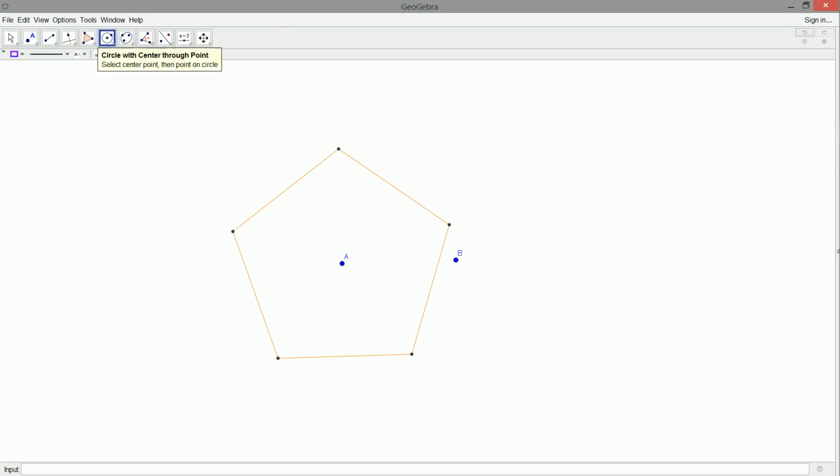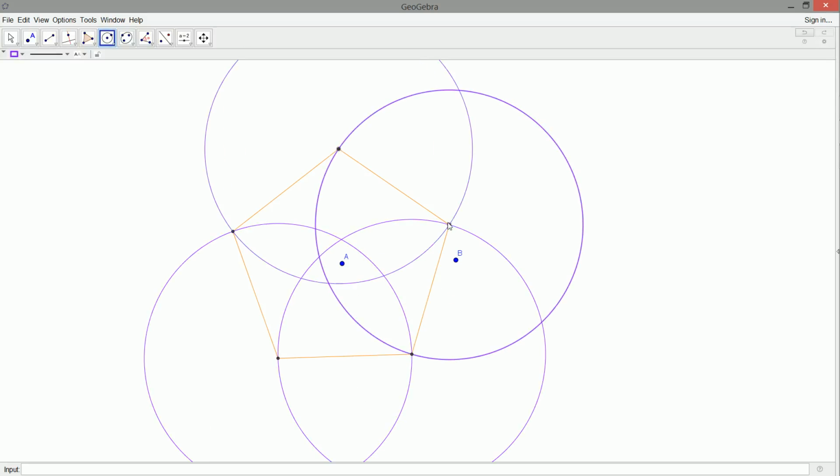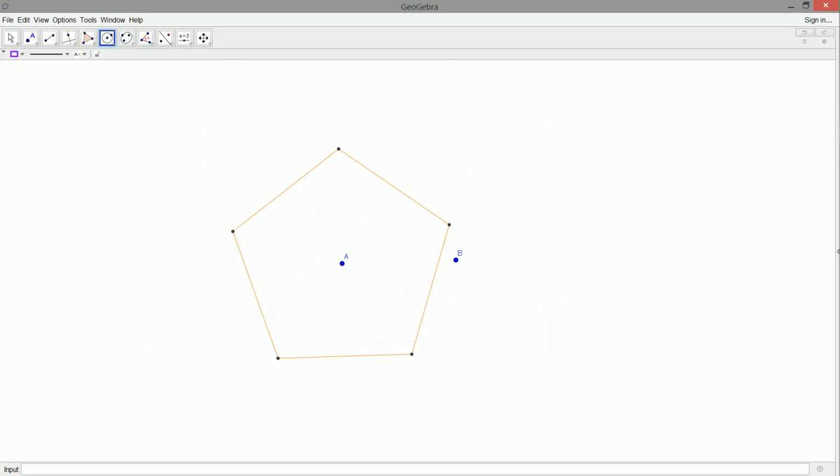We can even see from the circles that these adjacent points on either side of one corner are equally spaced apart. We can tell that from these circles. So this really is a regular pentagon. Quite nice. We'll undo those circles, because we don't really need them.